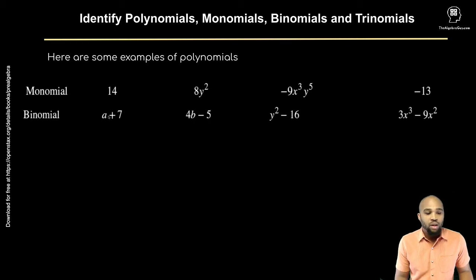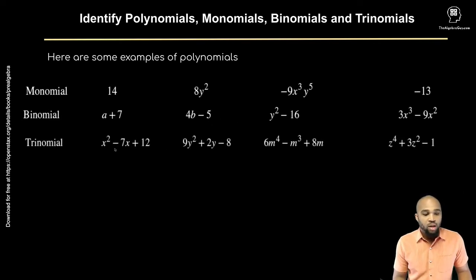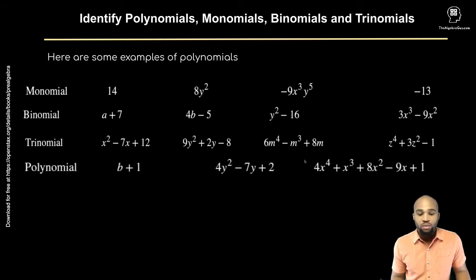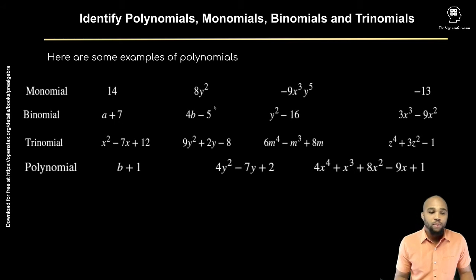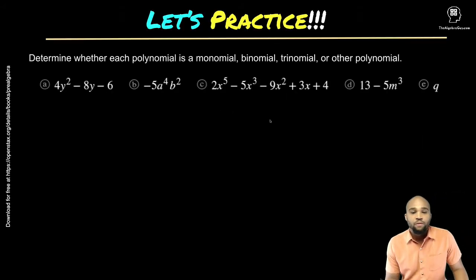Now, if they were a and 7a, then we'd just combine those and make one term. But these are 2 different terms, so those are binomials. Trinomials obviously have 2 operations of addition or subtraction between terms, so you have 3 different terms. And polynomials could be any of those, right? It could be up to 4 or 5 terms and so on. So just some basics before we get started.